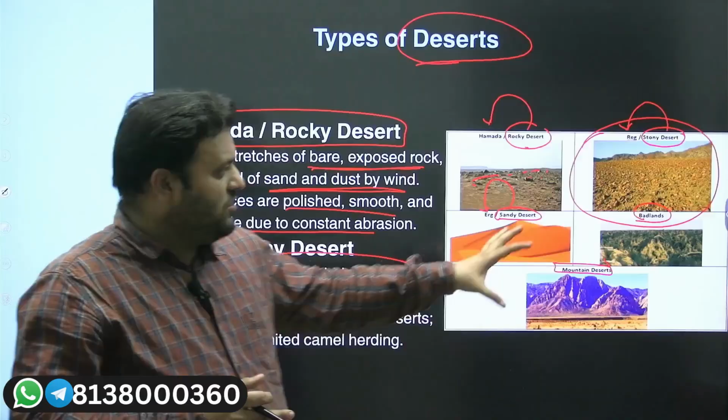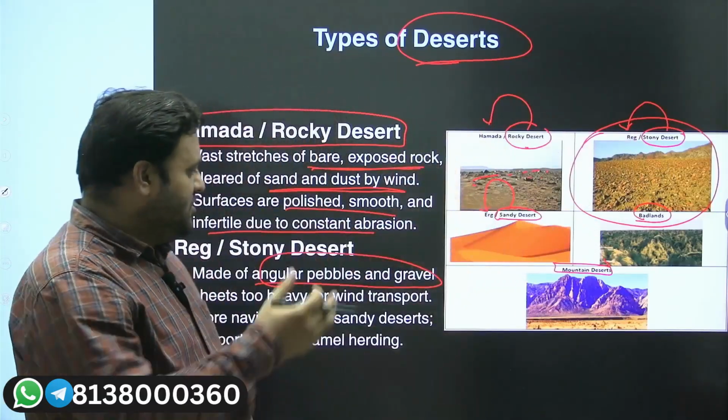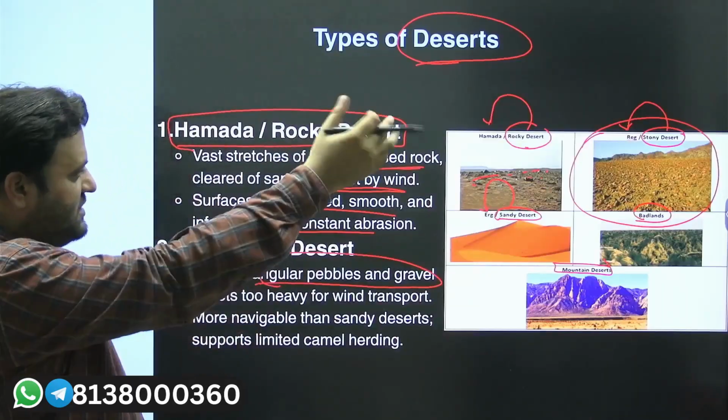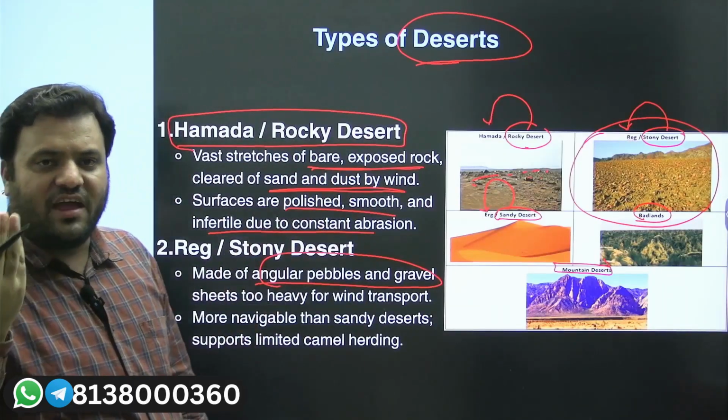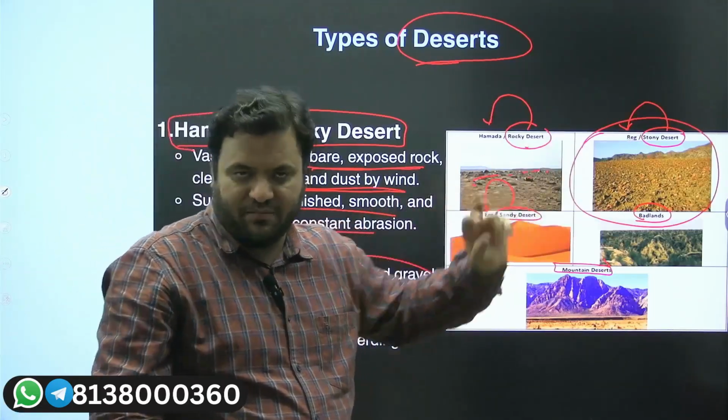Wind would not lift this material, especially because of this. So these gravels remain angular in shape. They are not smooth, but angular.